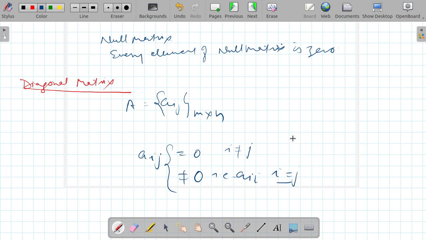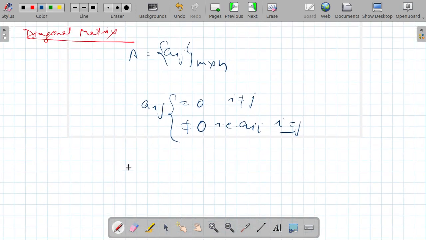That means the diagonal elements of the matrix are non-zero and the non-diagonal elements are 0, then such a matrix is known as a diagonal matrix.